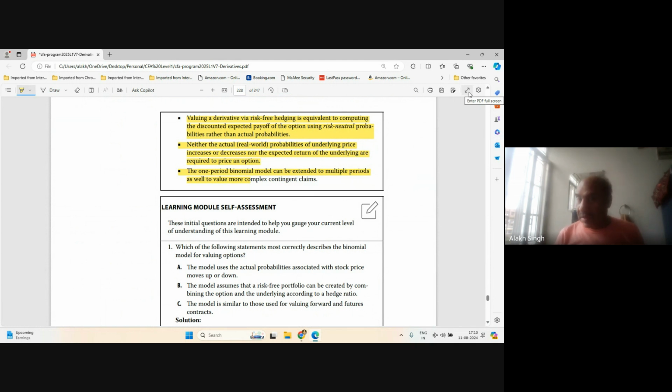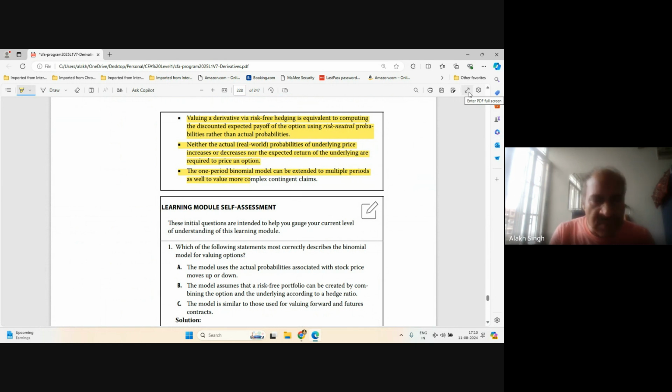Actual probabilities will not be risk neutral. They have occurred, but then they contain error terms. Risk-neutral probabilities are theoretical probabilities and they don't contain error terms, because they are supposed to earn only the risk-free rate. Actual probabilities will earn more than the risk-free rate or even less than the risk-free rate.